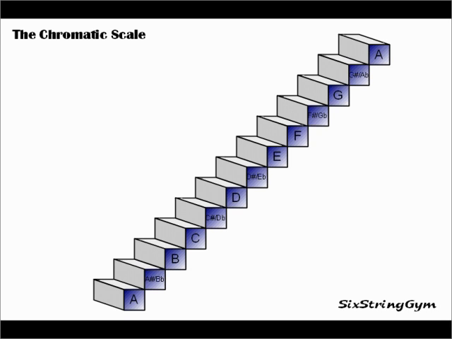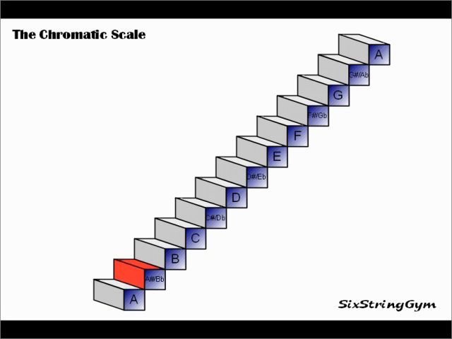If you have a look at that diagram, you can see that it's a nice little staircase. They're all even steps, and these steps are what are called semitones or half steps, and we can hear it. I'll play the notes for you.